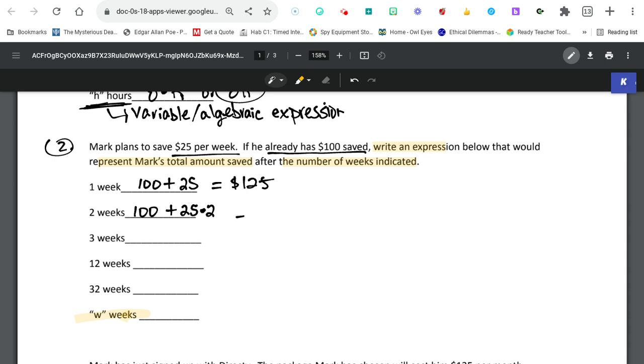Okay, so he'll have saved $150. In week 3, he already has 100, but will have saved $25 3 times, or 100 plus 75, which is 175.